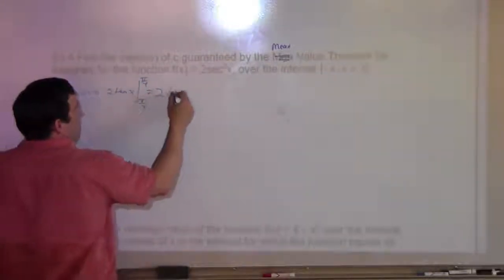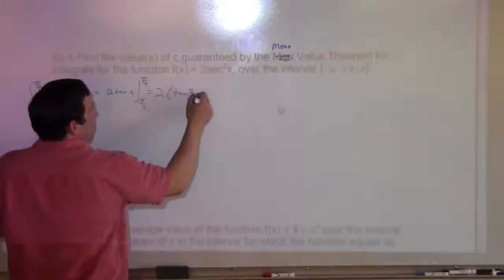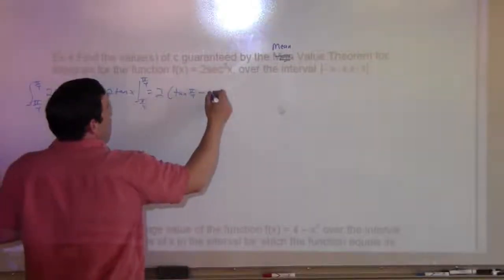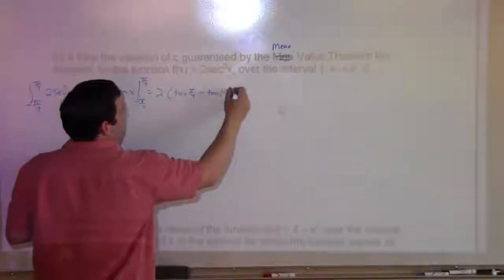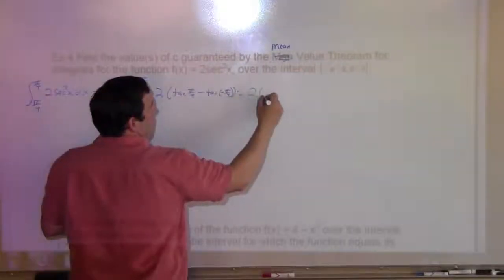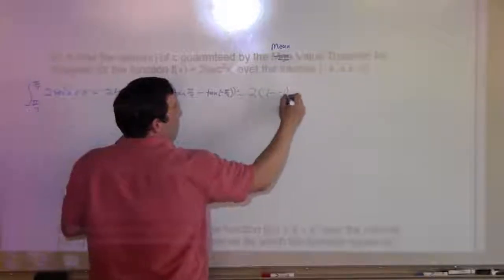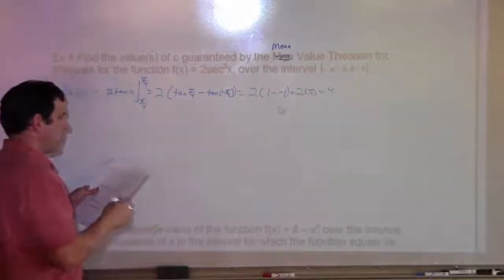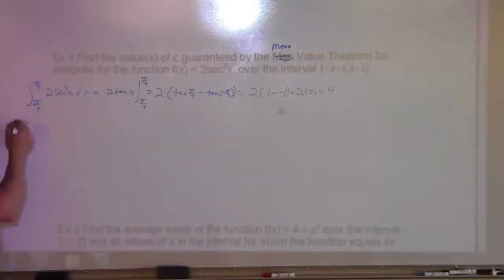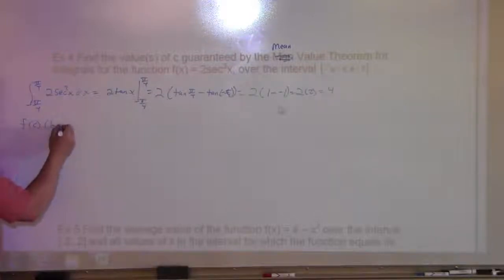It's 2 times tangent of pi over 4 minus tangent of negative pi over 4. That's 2 times 1 minus negative 1, 2 times 2, which is 4. So we're considering that f of c times our b minus a is 4.